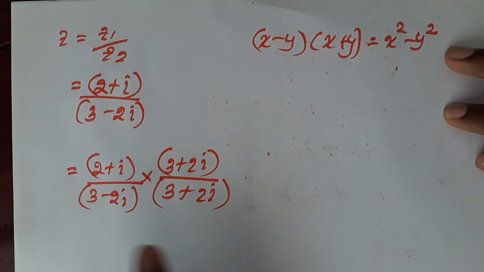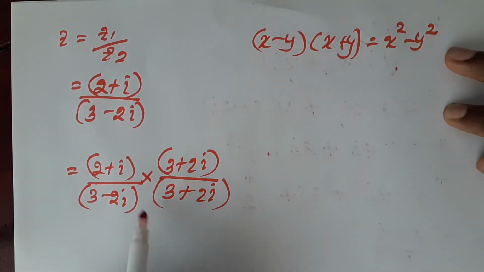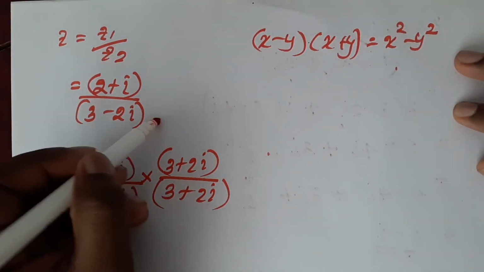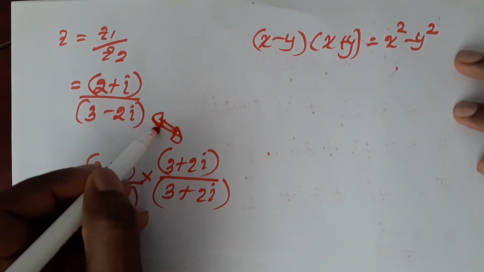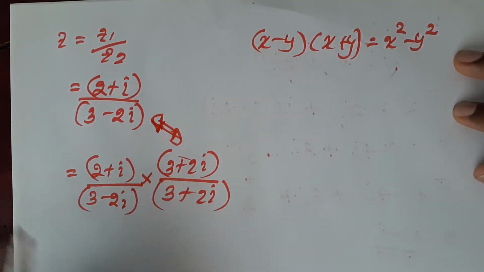So what I have done is to convert the entire expression into this form, but it doesn't change the initial value. These two are still equal because these two expressions get cancelled by each other.